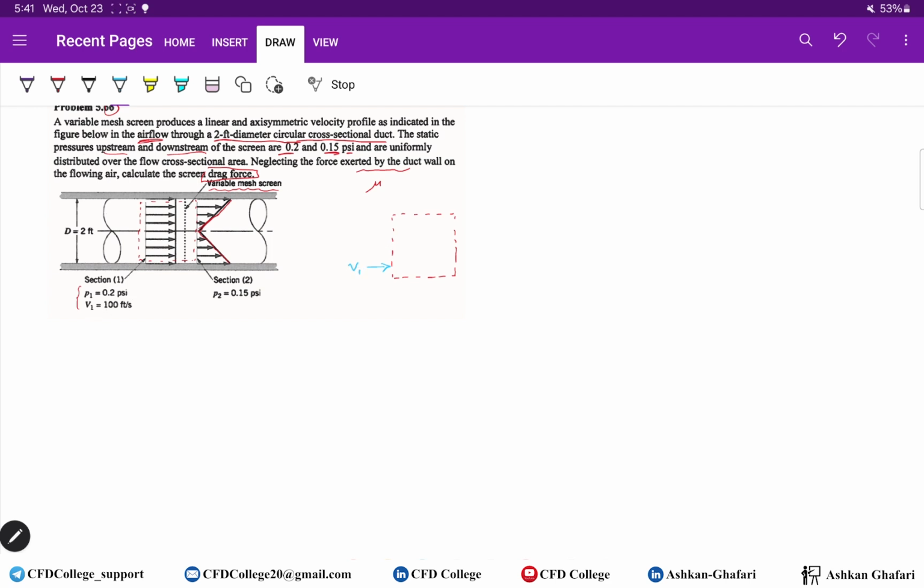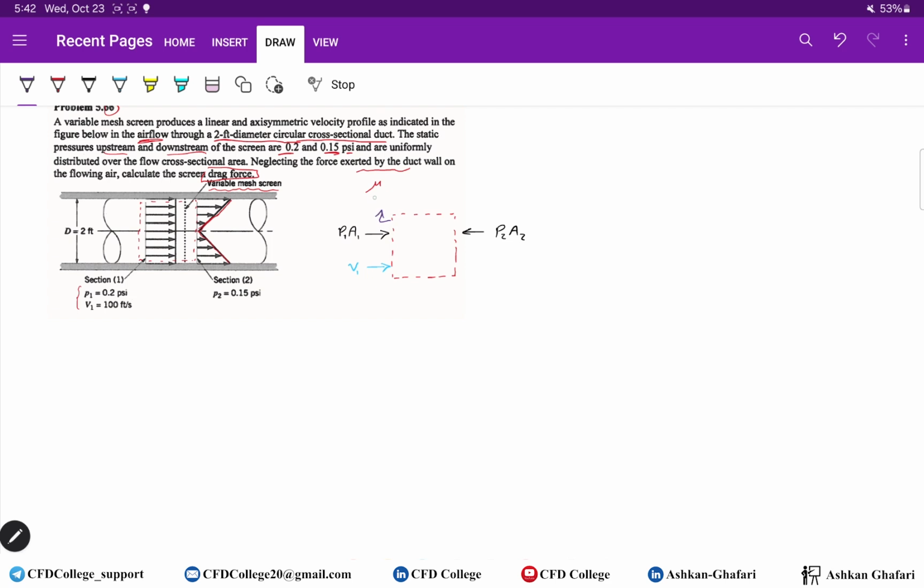Since we have pressure and we are solving an internal flow, we have a force P1A1 here and also this force P2A2. Don't forget, pressure forces are normal to the control surface and towards the control volume.